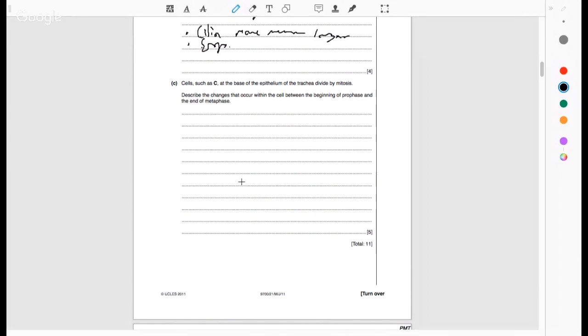And then the metaphase, the mitotic spindle made up of microtubules binds to the centromeres of the chromosomes.